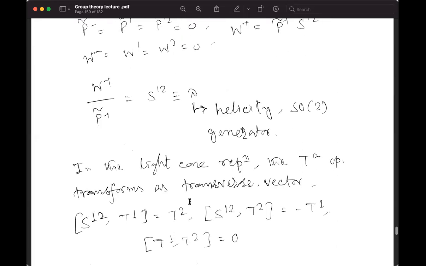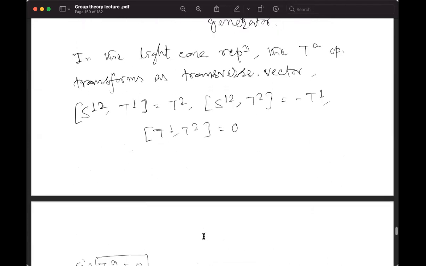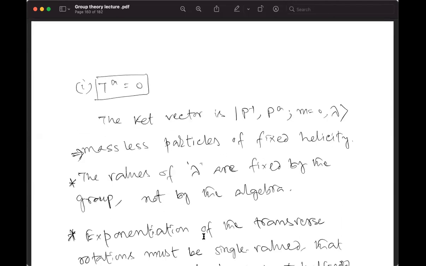Now in the light front representation, the T^a transform as a transverse vector. And you can write it as: S12 with T1 commutes to T2, S12 with T2 to minus T1, and T1 with T2 commutes to 0. Now, if you set T^a equal to 0, the ket vector is P plus, P^a, m equal to 0, lambda.